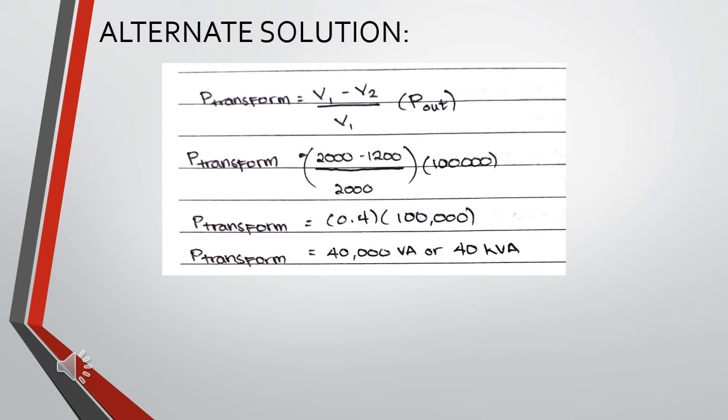So, the next is yung formula for power transformed na equal sa V1 minus V2 all over V1 times the power output. So, i-plug lang siya dyan. I-evaluate mo, yung 2,000 minus 1,200 all over 2,000 is simplified into 0.4, and yung power output na sinabi ko na product of the V2, I2, and the power factor na equivalent niya is 100,000. So, multiply na lang yung dalawa, which results to 40,000 VA or 40 kVA.